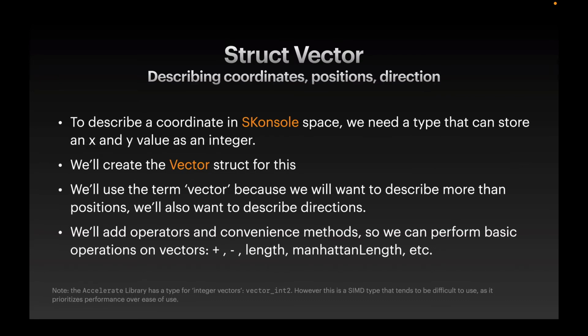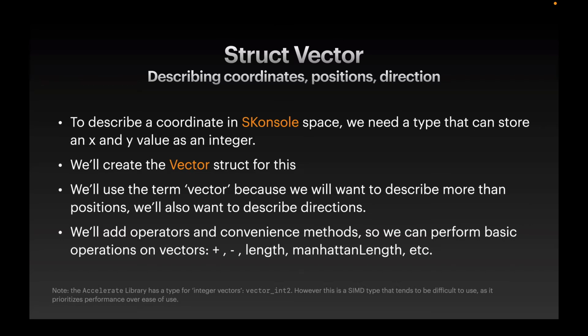We will also need a way of describing a coordinate or a position or a direction. That's why we call it a vector and not just a coordinate. We use a type that stores them as integer values, and we'll call the structure Vector for this.